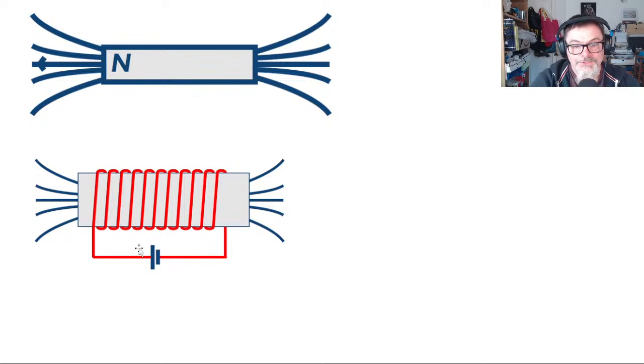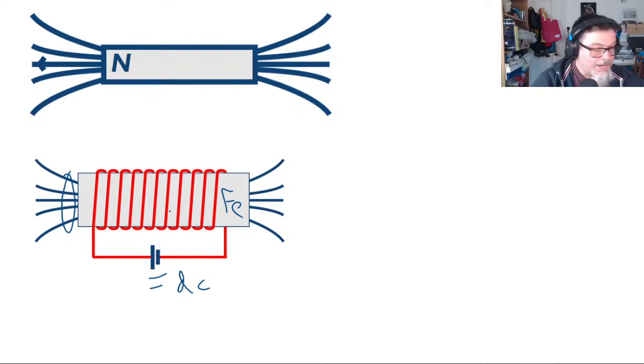What's important for us is to remember that if you have a solenoid, i.e. this kind of coil here, so we have a simple coil wrapped around an iron core with a DC supply, notice DC supply, then that will give us a constant field. We looked last time at describing what happens as you connect the cell, so like if we had a switch here, and how the flux lines build up.